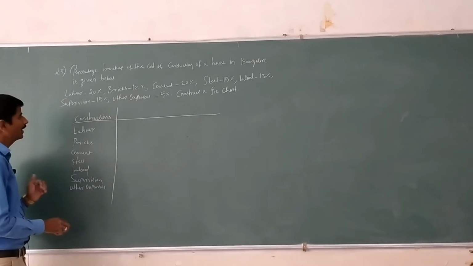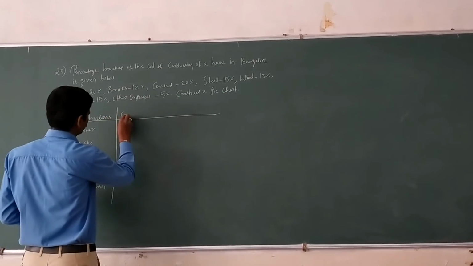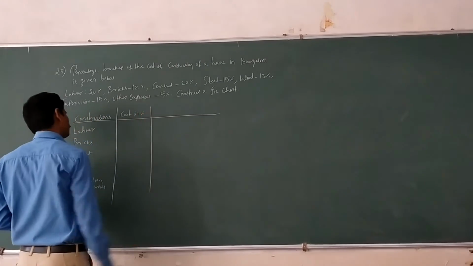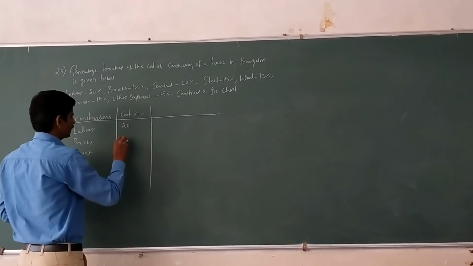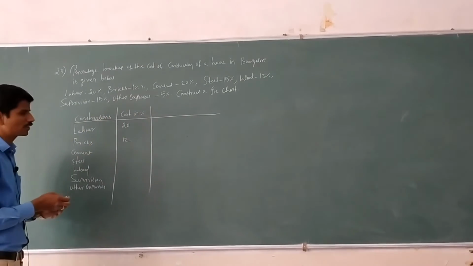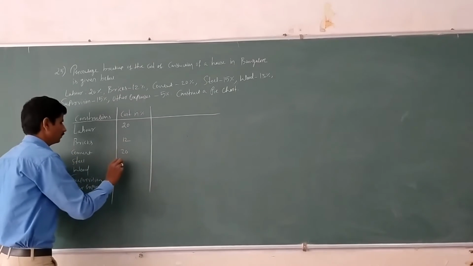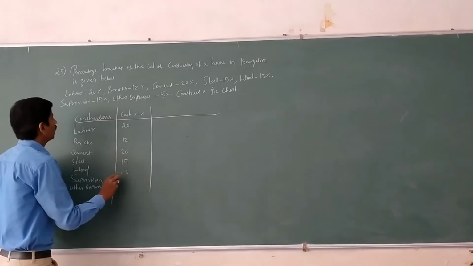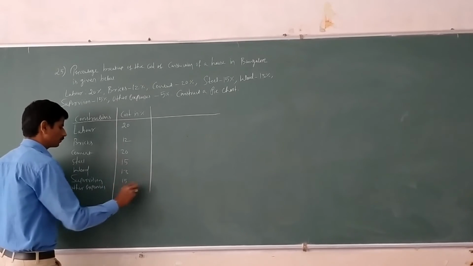We are giving cost in percentages. Labor cost is 20%. Bricks 12%. No need to write percentages again because we have already mentioned them. Cement 20, steel 15, wood 13, supervision 15, and other expenses 5%.